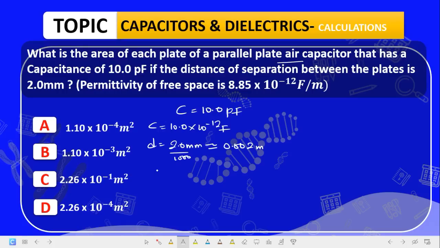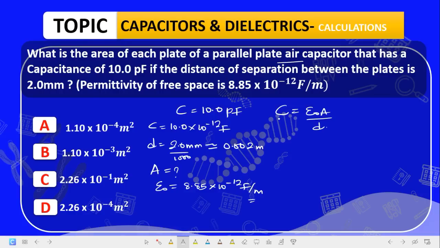Now we were asked to find the area. You don't know the area. Now the permittivity of free space, epsilon naught, is 8.85 times 10 raised to the power of minus 12 farad per meter. Now let's calculate. We said that the capacitance of a parallel plate capacitor is given as epsilon naught A all over d.